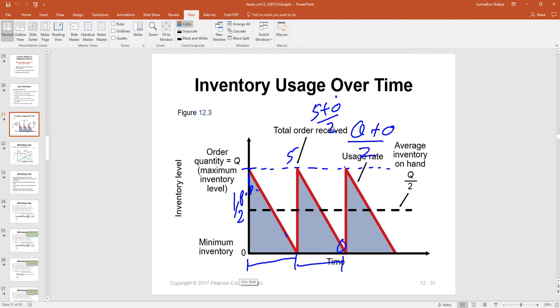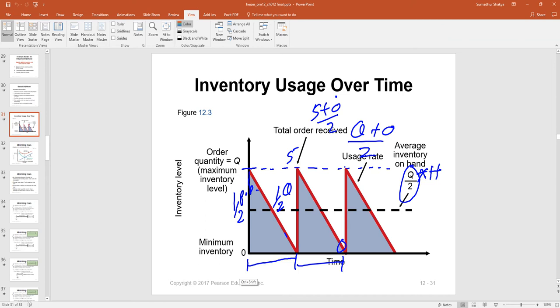So you take an average inventory that way, or if you look at half of Q from the area under the graph perspective, that's also the same. Now, the important thing to remember is this half of Q comes in handy when you have to calculate the average cost of holding. Because if it costs you H dollars to store 1 unit for 1 year, then average inventory on hand is Q by 2. So if you multiply this, this becomes your holding cost for the year.